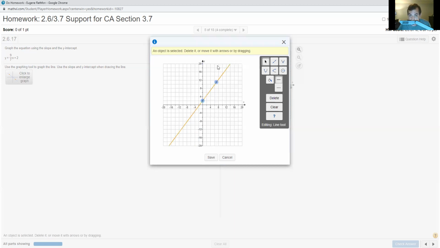If you went up 9 again and over 7, you're still on that line. No matter where you are on this line, if you go up 9 and over 7, you're going to be on the line, okay? That's how the slope gets you from one point to another on this line. So top number, I went up and down. That was positive, so I went up. Bottom number is always positive, so we went right.